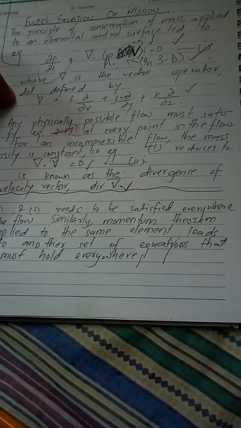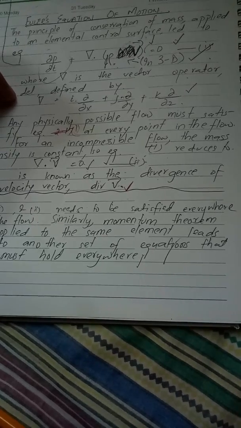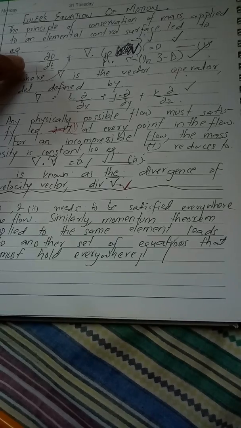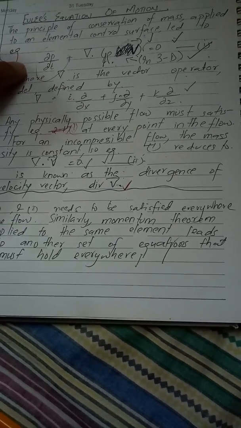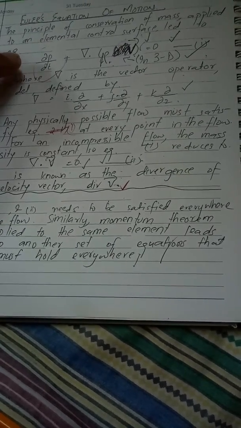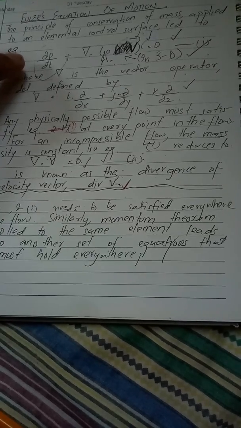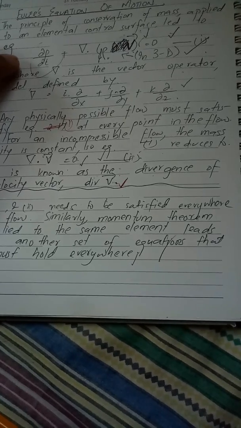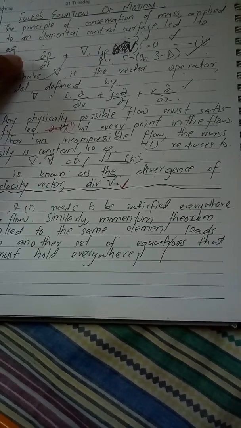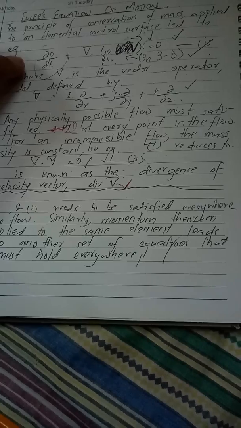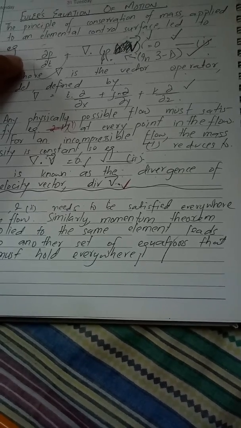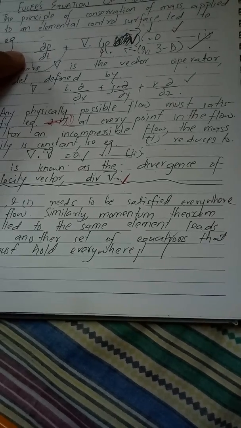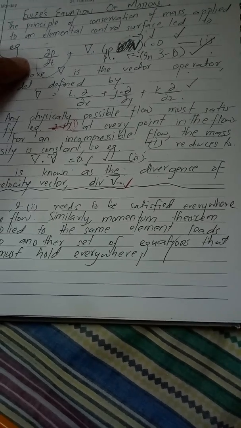Okay, that means that any physically possible flow must satisfy equation 1, which involves the change of density with time, and also the density and velocity combined, at every point in the flow.